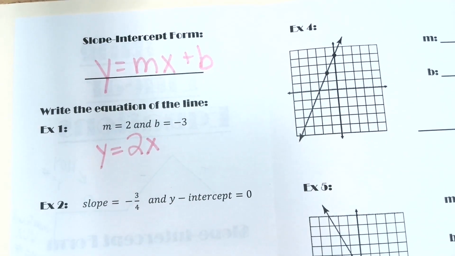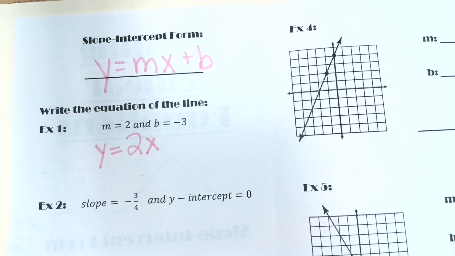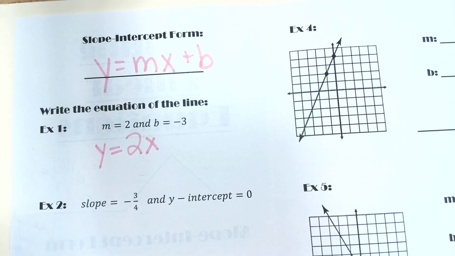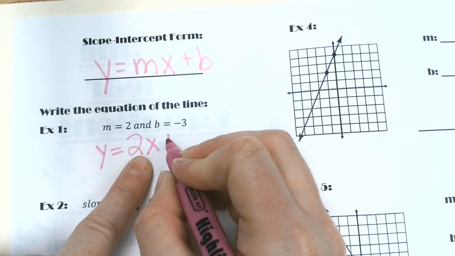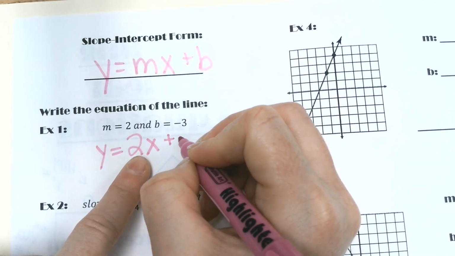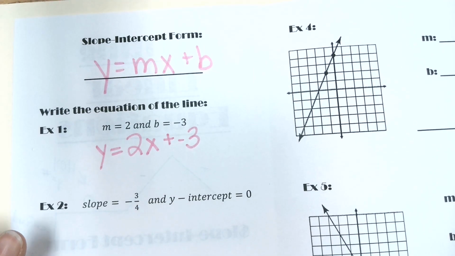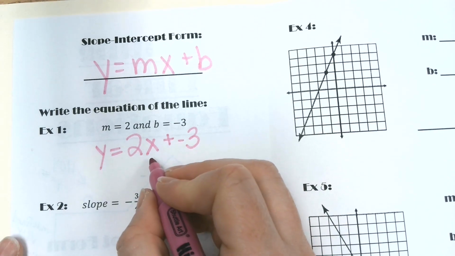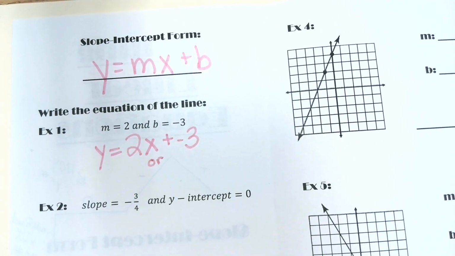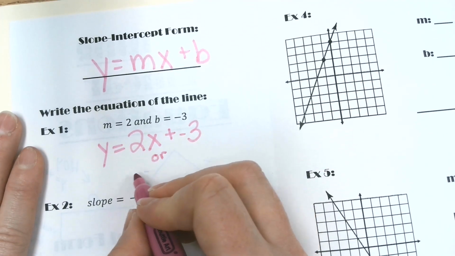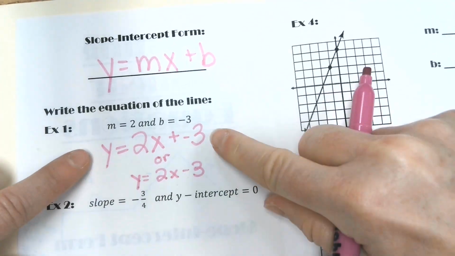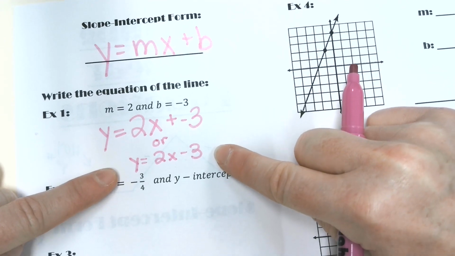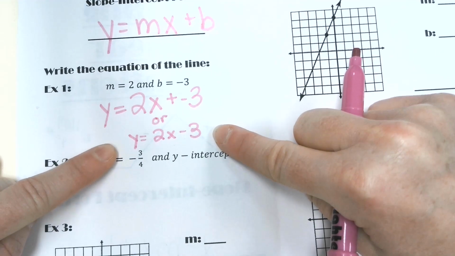So we keep the x and the y, keep them. The only thing we replace are m and b. Plus, because it's plus b, but a negative 3. But we can simplify it a little bit more. You don't have to write plus and negative. So instead, let's write, or, y equals 2x minus 3. These are the same thing, but this is simplified.